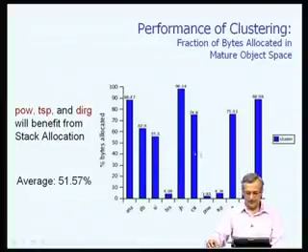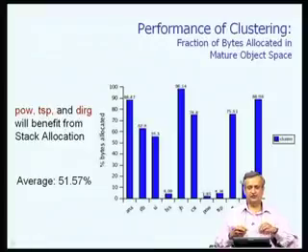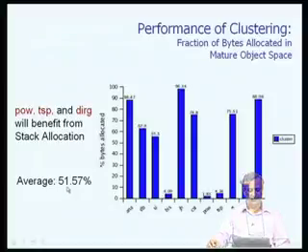In general, for a very large number of programs, the cluster allocation methodology has helped a lot. So, the average benefit is really 51.57% because of cluster allocation.